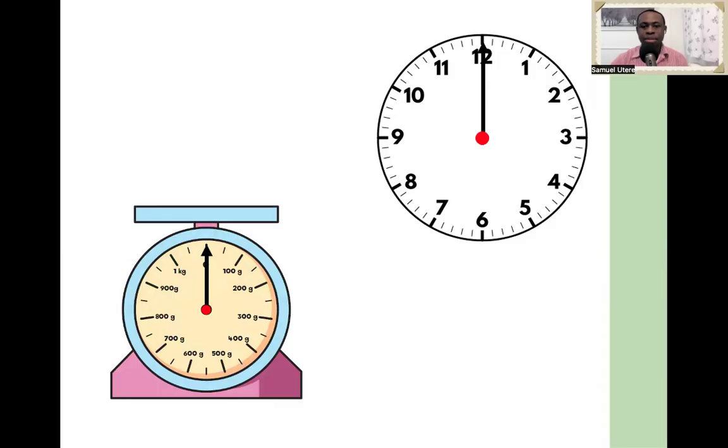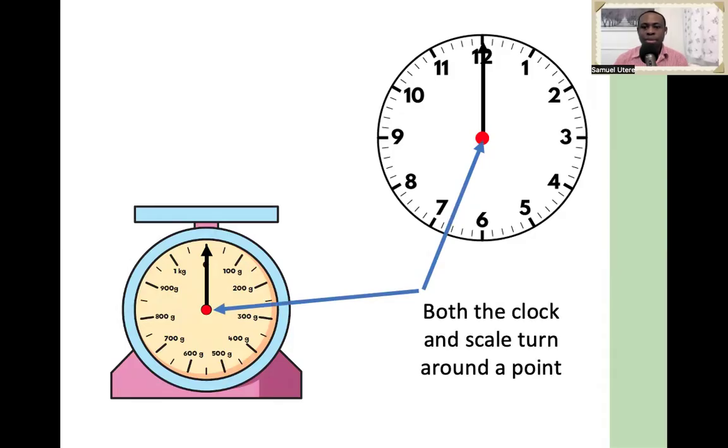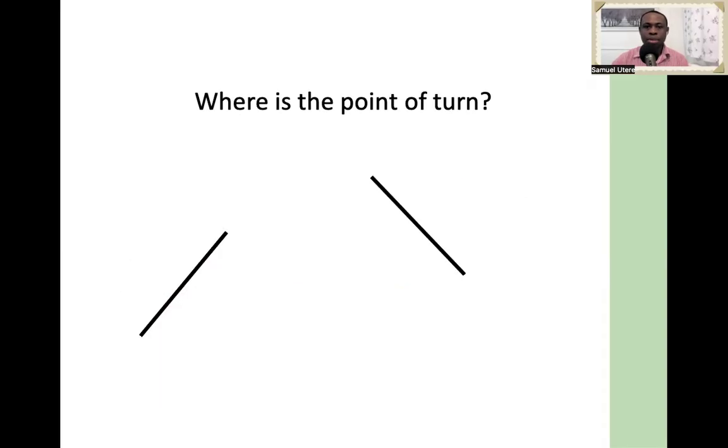Interesting, right? So the next thing we need to think about is what happens in terms of the amount of degrees of turn when these hands turn around a point.